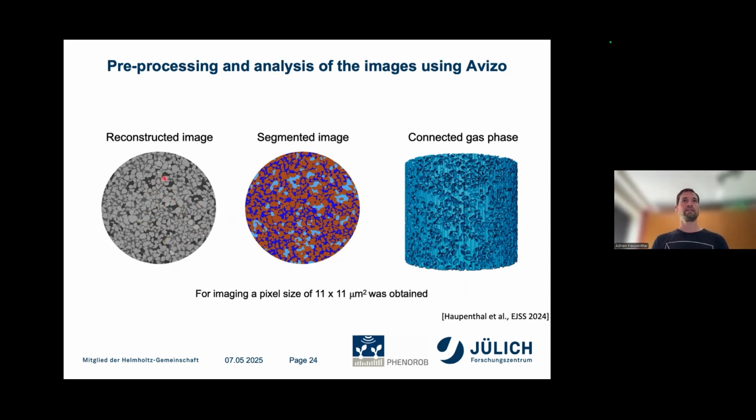The dark gray values are the air phase, here in light blue. The light gray values are the liquid phase, here in dark blue. The rather bright values are the soil particles, represented in brown in the segmented image. What you can get, for example, is a 3D image of the connected gas phase throughout the whole sample, with a pixel size of 11 by 11 square micrometers.